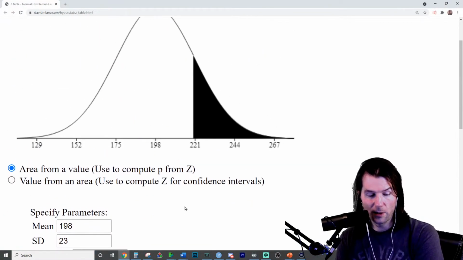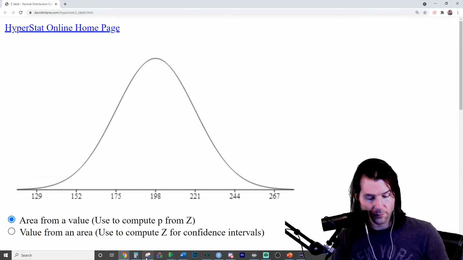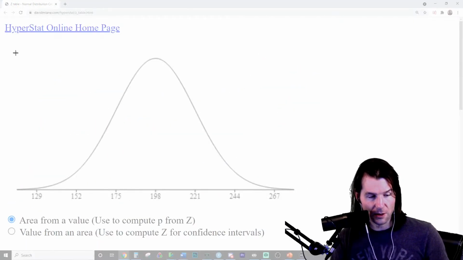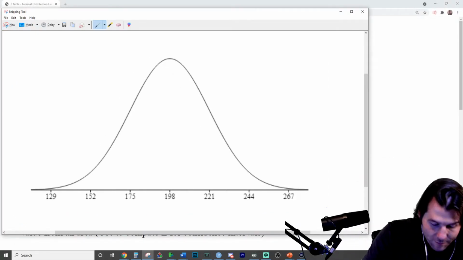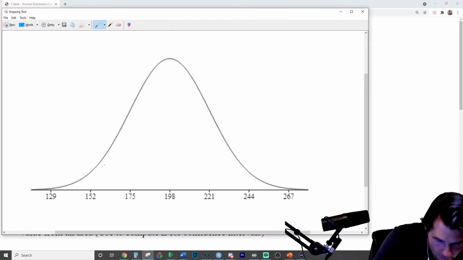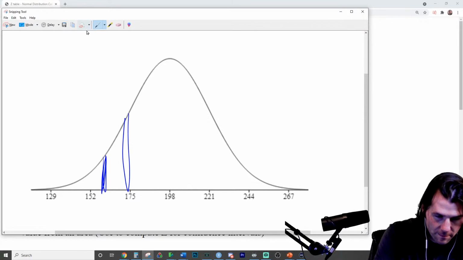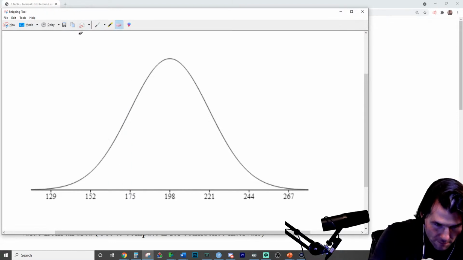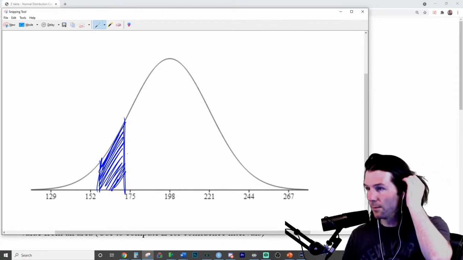So 160 to 170. I can draw these out, but I'm just going to use their drawing. 160 to 170. No, that's way off. Well, we do know one thing right here.